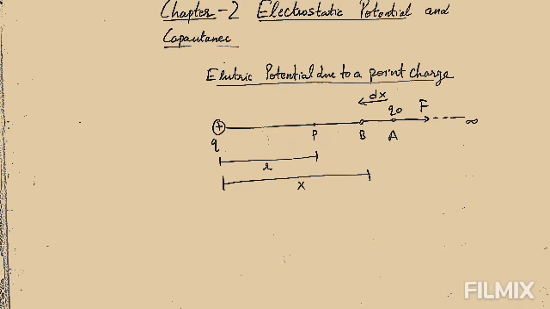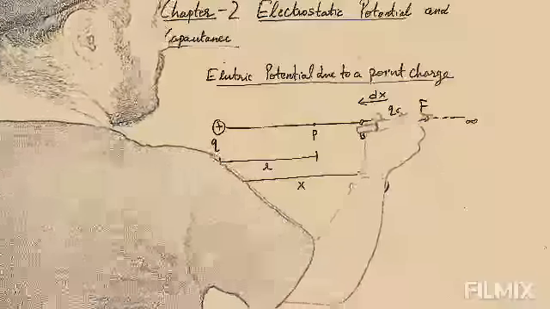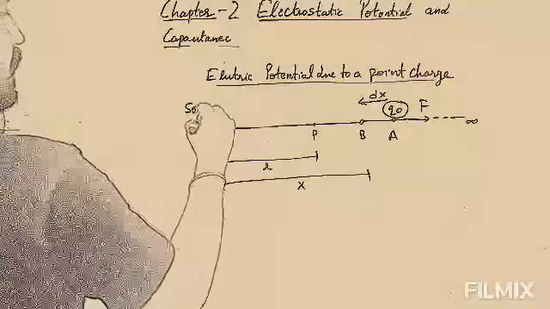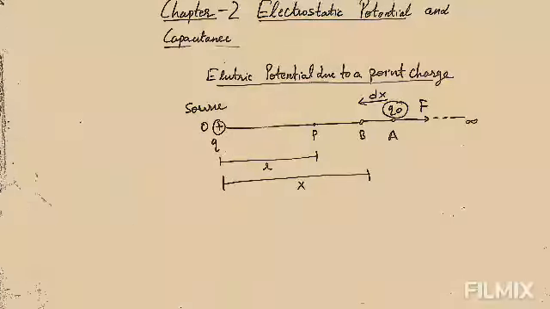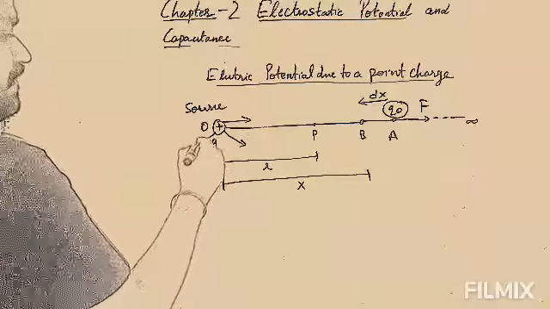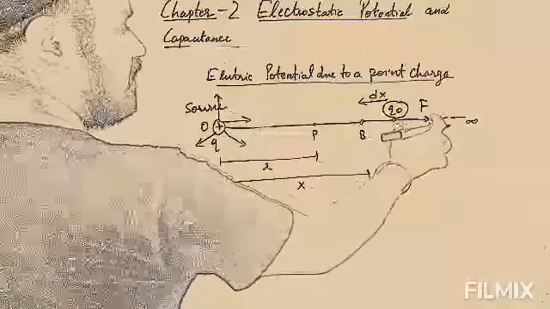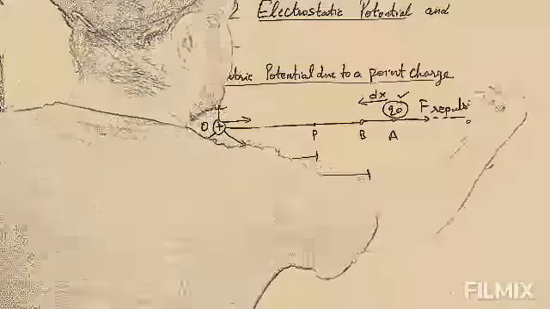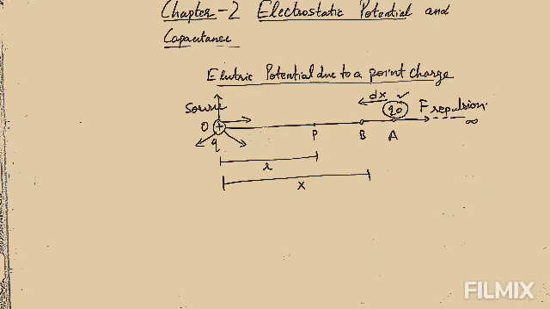Let us suppose that a test charge Q naught is placed at point A, and this is the source charge, situated at point O. We have to move this test charge to point B. But due to the electric field of this source charge, which is always outward because it is a positive charge, the test charge will experience a force of repulsion, and it will always tend to move away from the source charge.